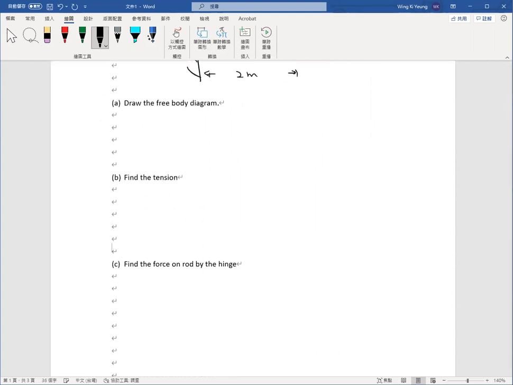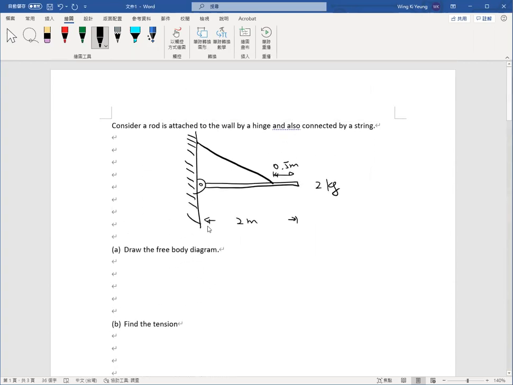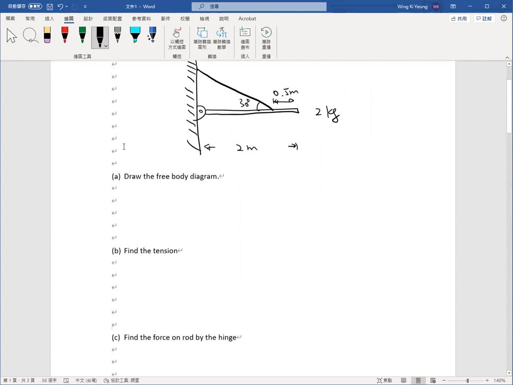So that's all we want to find. And I'll let this angle be, let's say, 30 degrees. So you just do part A first, because if you can't do part A, then you can't do part B and part C. So I give you 2 minutes. You draw it on a piece of paper and then send it to me. Just take a photo and send it to me on WhatsApp.